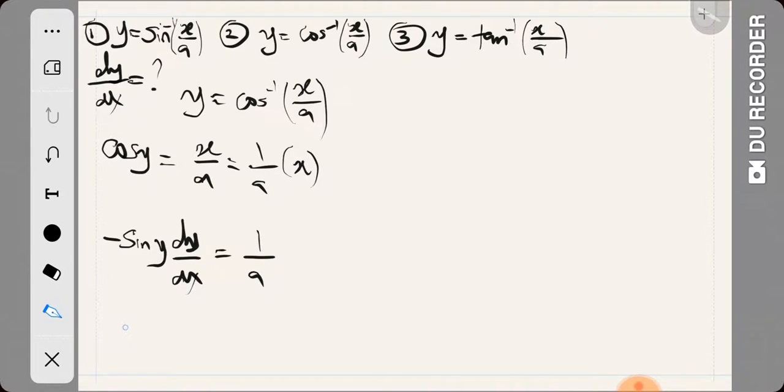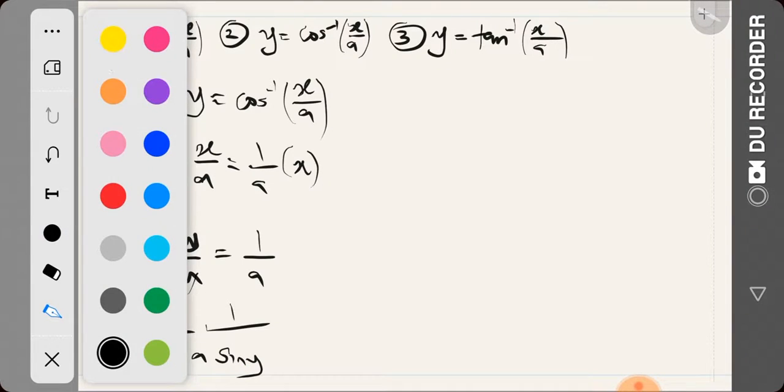Making dy over dx the subject, we have dy over dx equals negative 1 over a sine of y. So let's figure out what sine of y is by drawing a triangle over here.